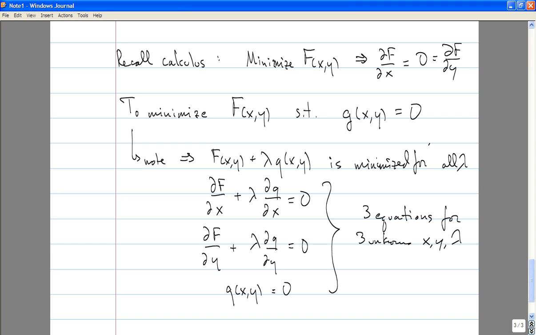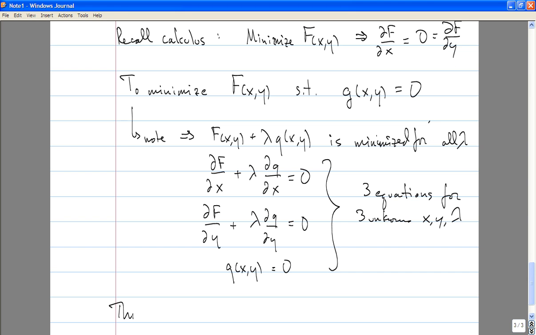In which case, an alternate way to proceed is to write down three equations treating x and y as independent variables, but introducing an additional variable, lambda, which is known as the Lagrange multiplier. And then I have three equations for three unknowns, x, y, and lambda, rather than one equation for one unknown in the first way of doing the computation. And the point is that this logic works for the calculus of variations as well.